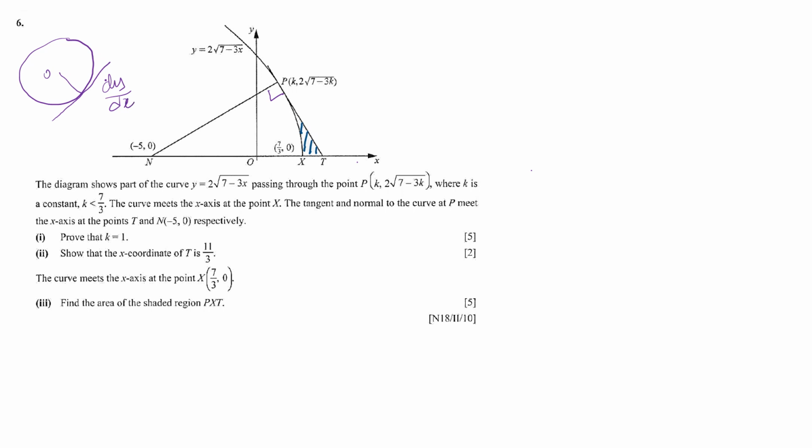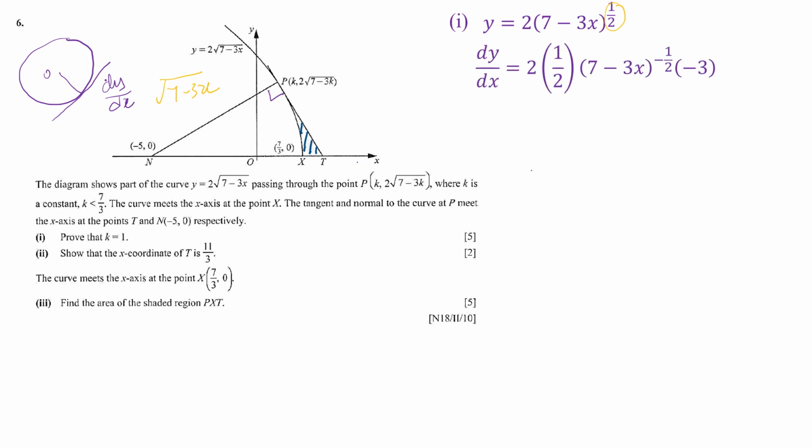Right, so the first thing we need to do is to differentiate 2 square root 7 minus 3x. And we're going to convert the radical form, this is called the radical form, into the index form. And we're going to differentiate it. Right, so you just keep your 2, bring the half to the front, keep this, power minus 1.